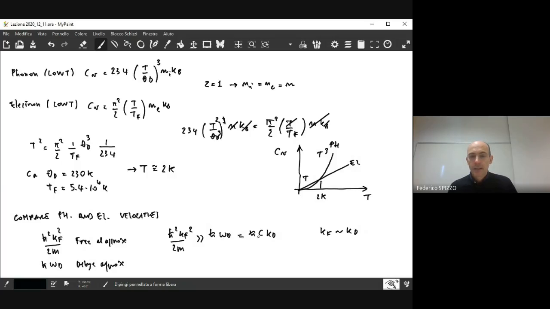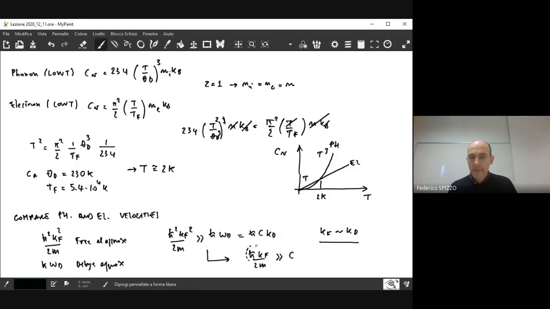Due to that, in this expression, we may simplify h bar k_D with h bar k_F. Using this approximation, making the simplification between one of the k_F's and this k_D, we have that h bar k_F divided by twice the electronic mass is larger and larger with respect to c, where c is the speed of sound in the system.